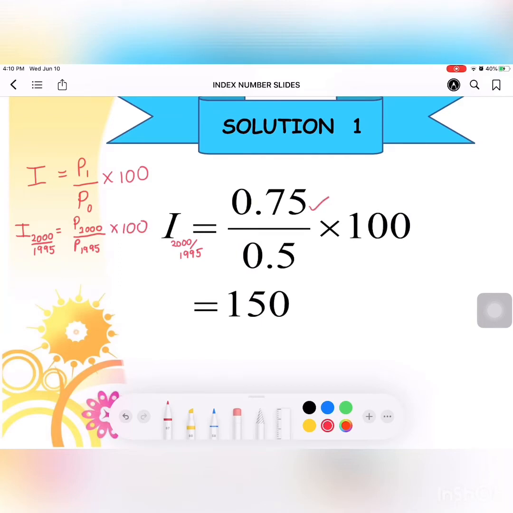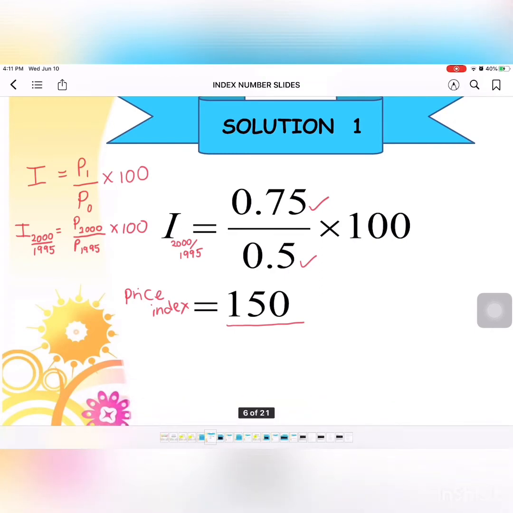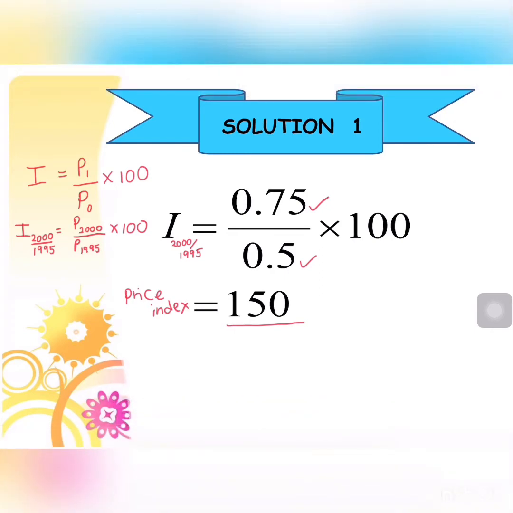Here you go: 75 cents for the price in 2000 and 50 cents for the price of the same item in 1995. Take your calculator, and you get the price index equal to 150. As simple as that. You don't need to put the percentage sign at the end of the answer.